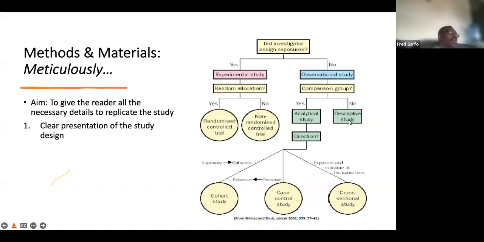Okay, so typically when we say, so I'm back on this diagram, and that's comparison of group. Was there any comparison of group? Descriptive. So usually under the descriptive study, no comparison. The sort of papers that fall under those categories are usually case reports, case series.